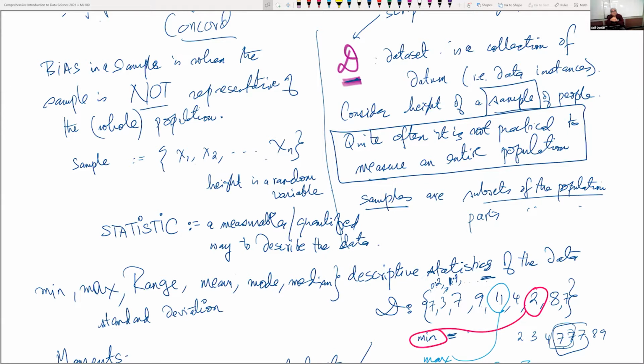You can imagine even more examples. If I were to ask you what's the average height of, let's say, zebras, you wouldn't be able to go to Africa and herd together all the zebras and measure their heights and then take an average. The sensible thing would be to get a reasonable or representative sample. And once you get a representative sample, you can take their heights.